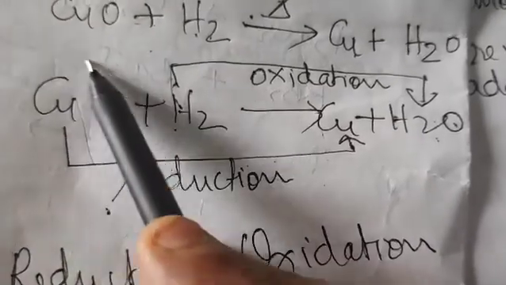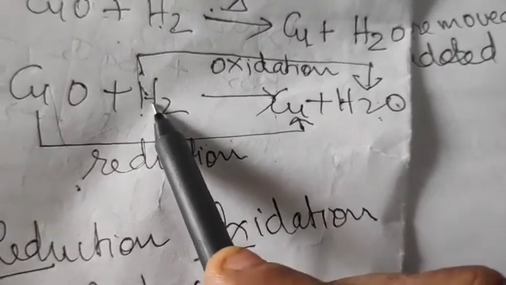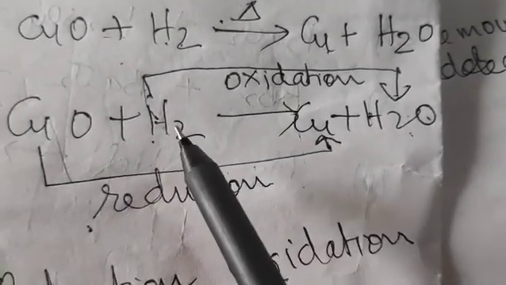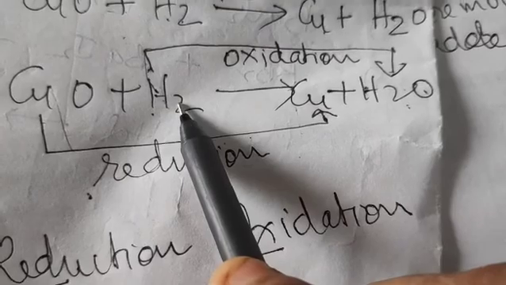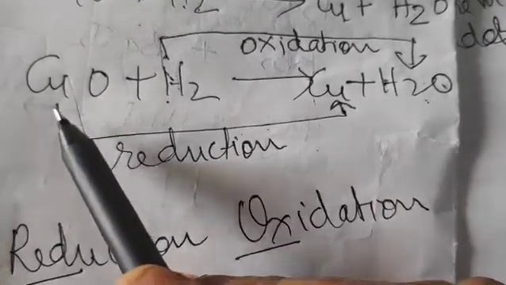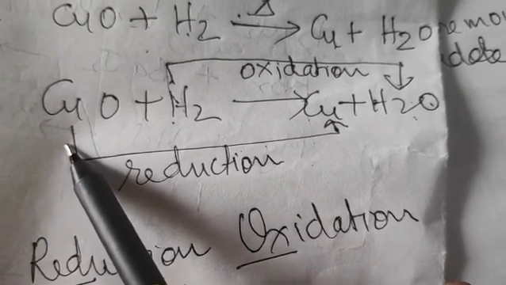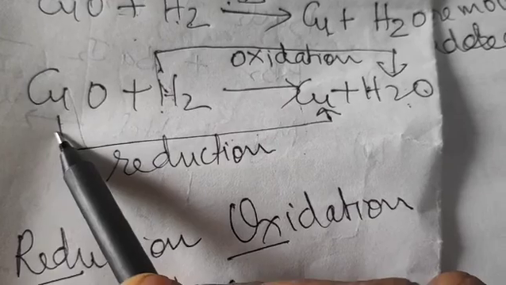So, copper oxide is getting reduced, hydrogen is reducing it, so it will become its agent. On the contrary, hydrogen is getting oxidized because copper oxide is oxidizing it. So, oxidizing agent is copper oxide. Are you following it? Which means there is a concept of agent coming in.